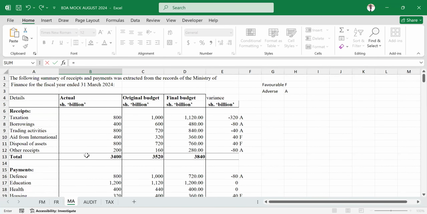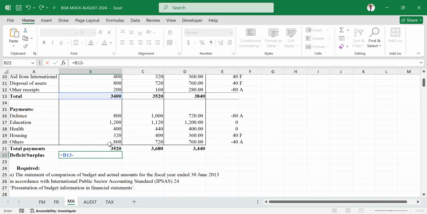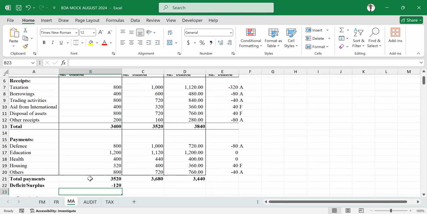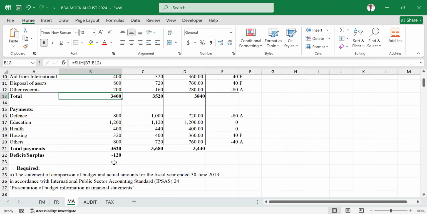So let's see. We are comparing the total receipts against the total payments so that we see if we are running on a deficit or a surplus. So the first one, I'm getting negative 120, and we can see that our payments are more than what we received. So actually, this is a deficit. That's why it's coming as a negative.